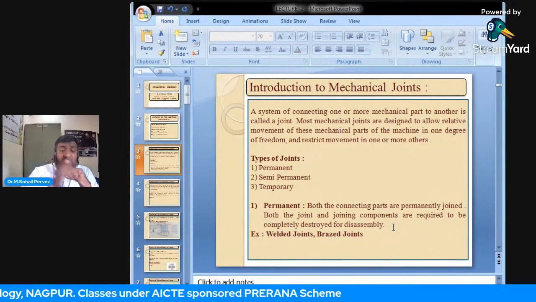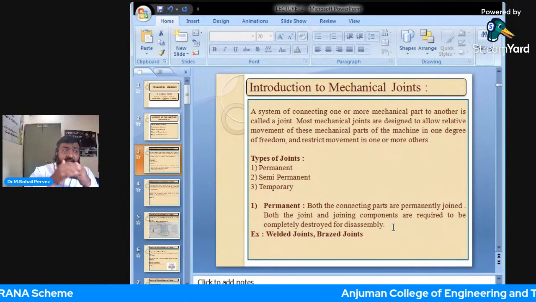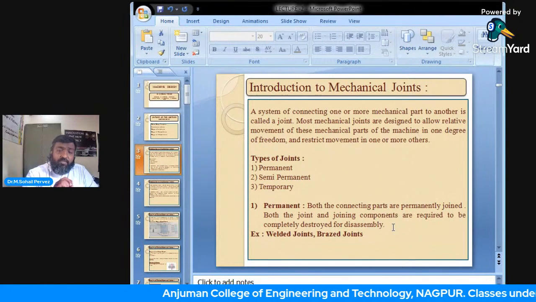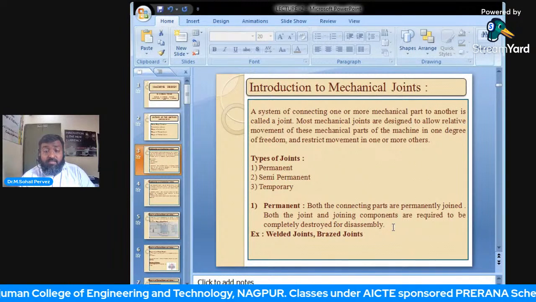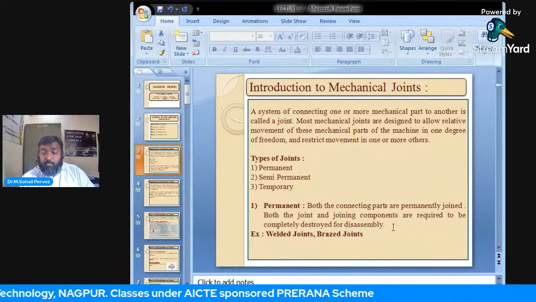When I say I'm completely destroying the joint, it means that both the joining element and the parent metal surface get destroyed. Such a type of joint will be known as a permanent joint. The examples are welded joints, brazed joints, etc.